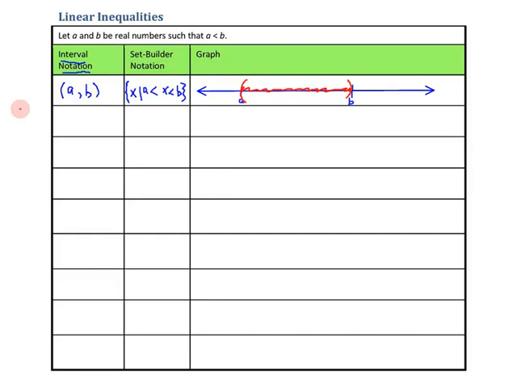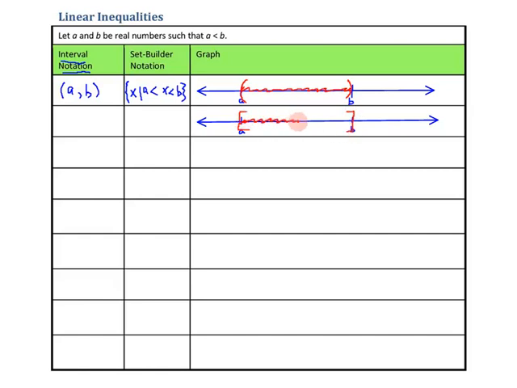Another type of interval we might see is the same set that we just saw, except include A and B. So let's say it's all the numbers in between A and B, but also including the endpoints. Okay? And I would indicate that with a bracket notation. If I write a bracket, that means include the endpoints in that interval.